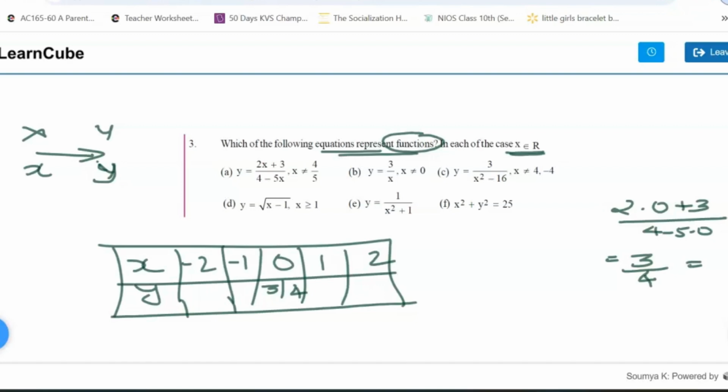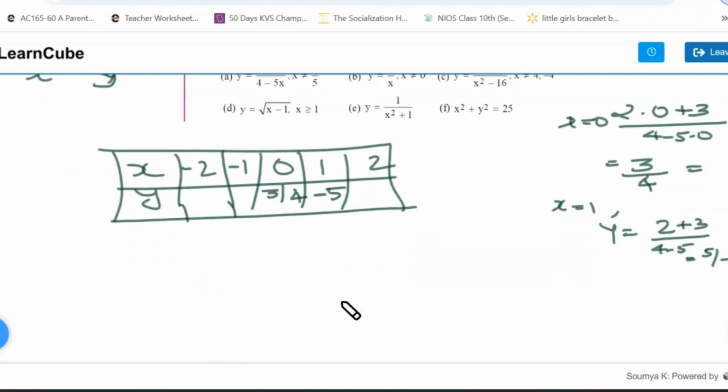So if your x is 0, y becomes 3 by 4. Similarly, solve for 1. This is for 0, x equal to 0. Now solve for 1. When you solve for 1, y will be 2 plus 3 by 4 minus 5. This will give you the result as 5 by minus 1, that is minus 5. Let's try with minus 1. Okay, so consider x equal to minus 1.